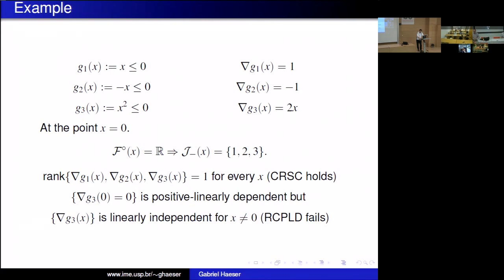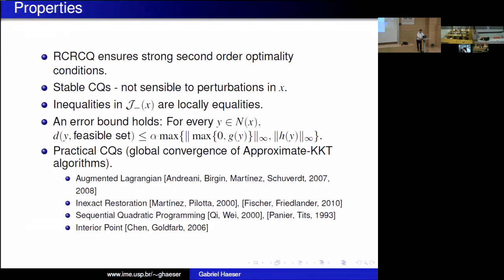Okay, so we can prove this in fact. The inequalities in this set J minus, under this condition, are locally equalities. So at this point where the constant rank condition holds, I'm looking at every feasible point in a neighborhood of this point, and I can prove that there are no inactive constraints at this point.